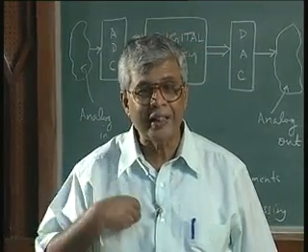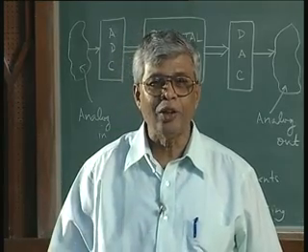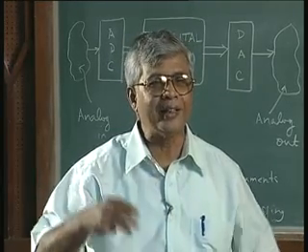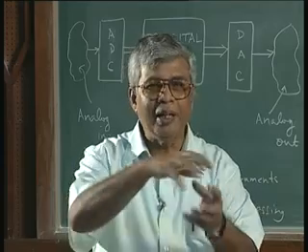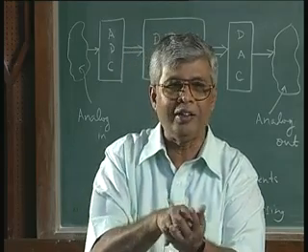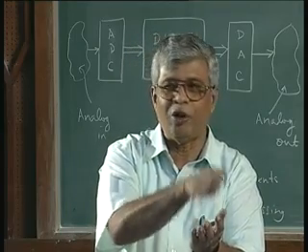So, when you are thinking of digital system design, we are going to see how to build these systems and control them in a way that we get the desired performance out of them.